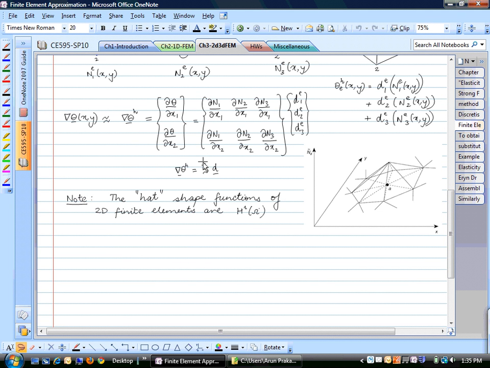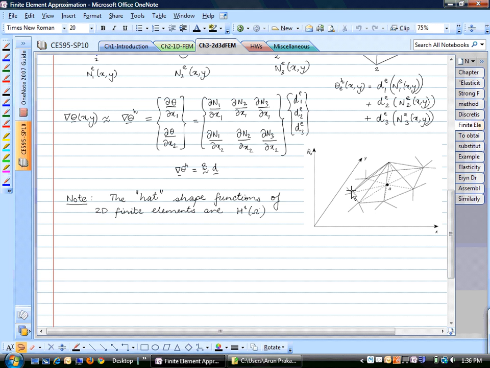If we multiply B by those same degrees of freedom, what we get is this temperature gradient vector, okay? And we talked a little bit about how these hat shape functions or tent shape functions are very similar to what we had in the one-dimensional case.